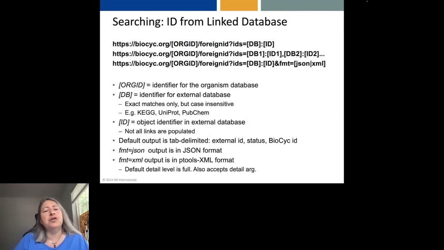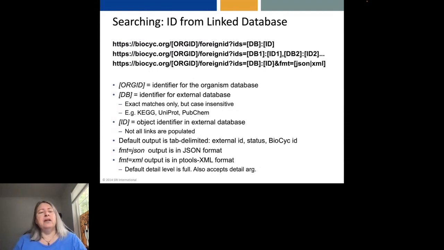Another common way of searching for an object is if you have its ID from some other database. For example, if you have a UniProt ID and you want to search for the protein by that, or if you have a KEGG ID and you're searching for the compound. So we have this foreign ID search, and you can actually pass it multiple IDs and it will return the matching objects for all of them that are found.